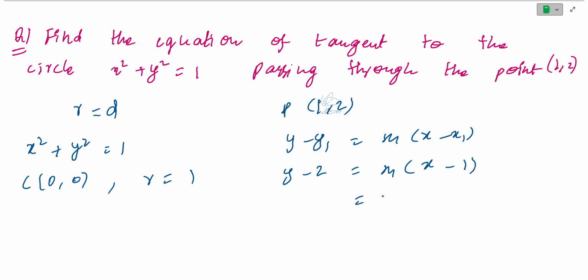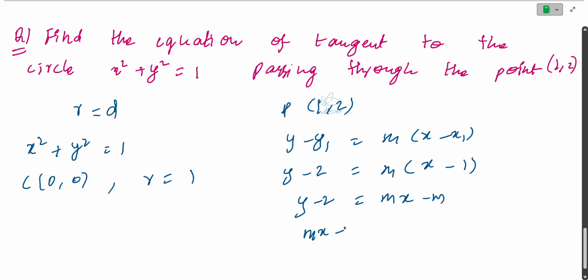If you simplify this, multiply m to x minus 1, we get mx minus m. So this will be y minus 2 equals mx minus m, so mx minus m minus y plus 2 equal to 0.